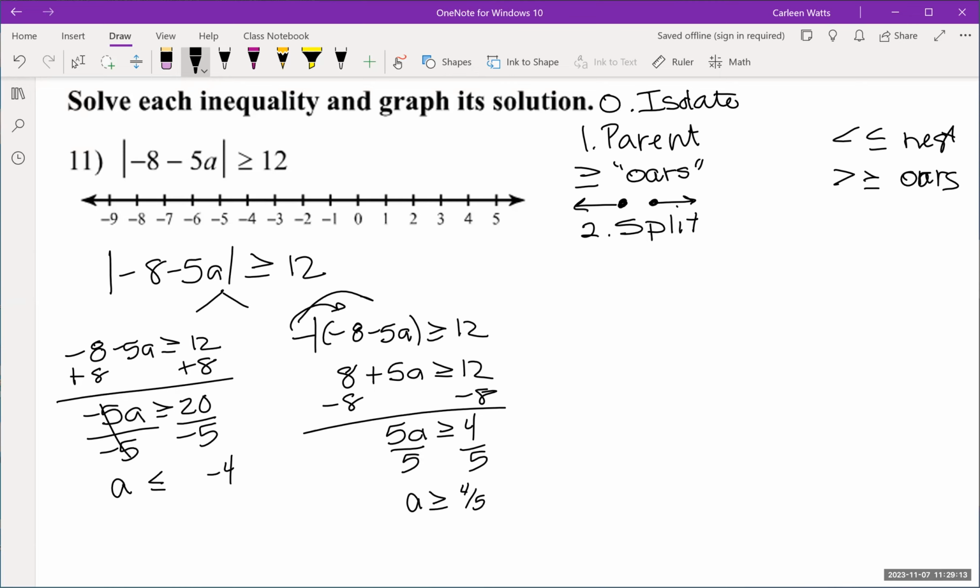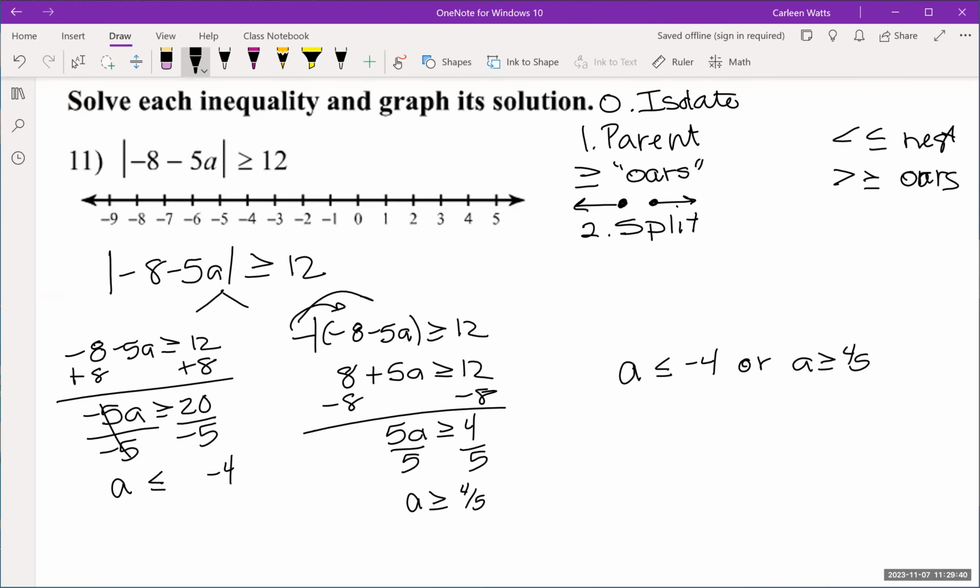Okay. So now I'm going to say A, please. We might be done. Oh, look, there it is. A less than or equal to -4, or A greater than or equal to 4/5.